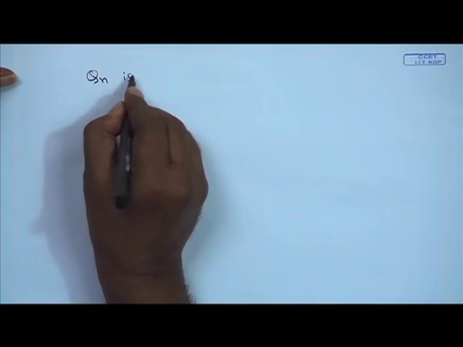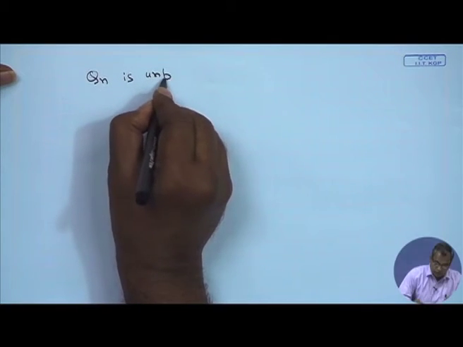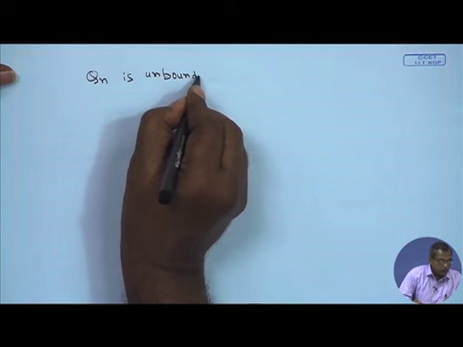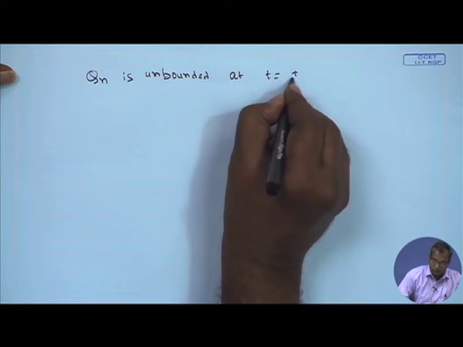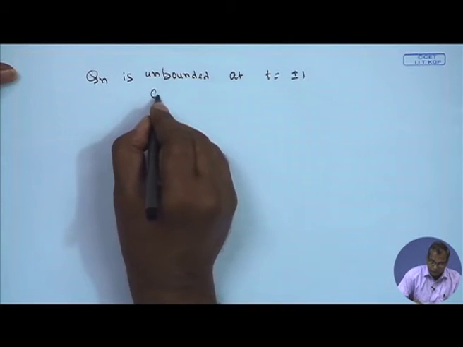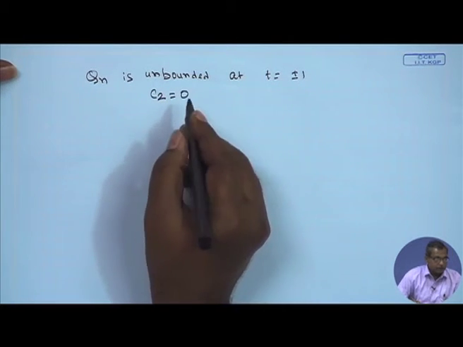So, therefore, the associated constant C2 is equal to 0.